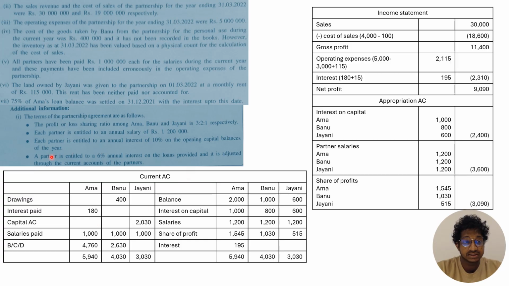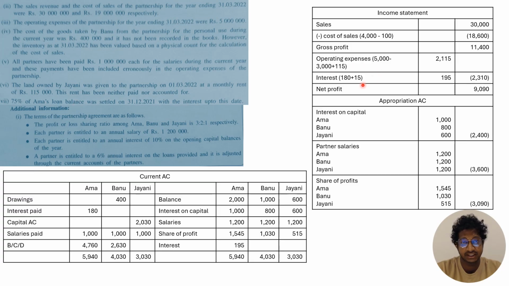In this case, the partner is entitled to 6% annual interest on the loans provided. So for that additional loan you have to find out the interest based on the 6% interest rate, right? From the 1st of April to 31st December 2021, the interest is 180, and for the rest of the 3 months, you have to find out interest for only 25% of Hamas loan balance.